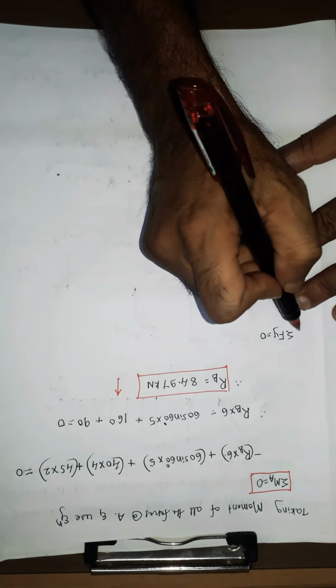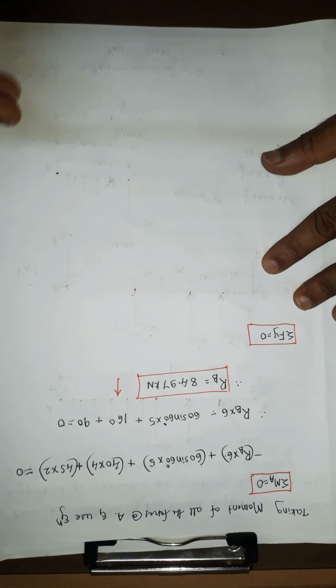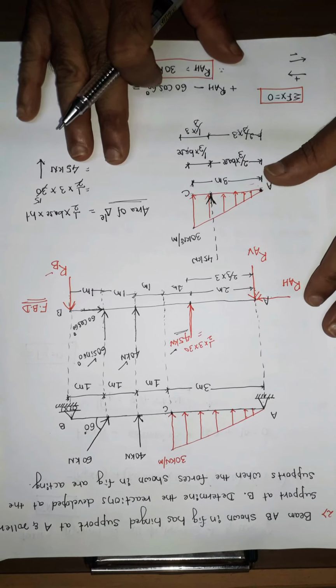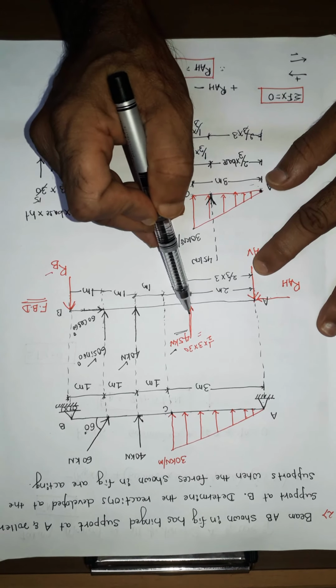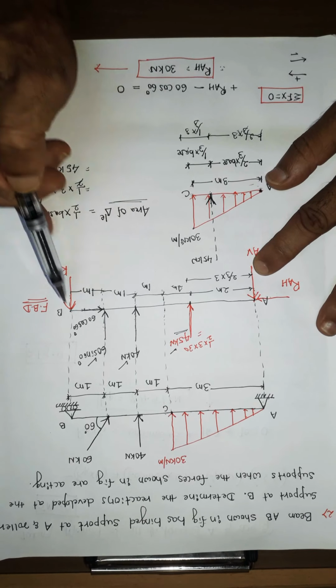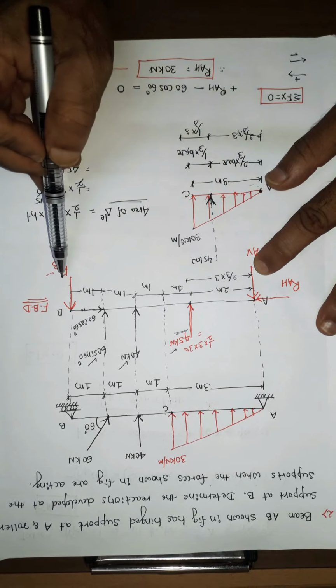That is, add all the vertical forces, summation equal to 0. How many vertical forces? Only vertical forces: 1, 2, 3, 4, 5, including reactions. These two reactions are vertical.